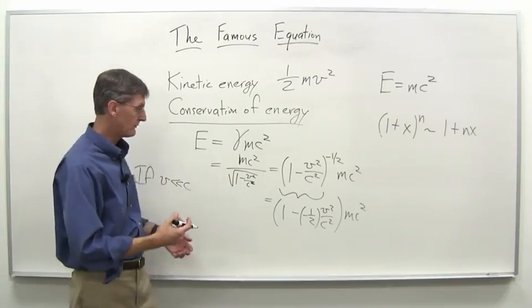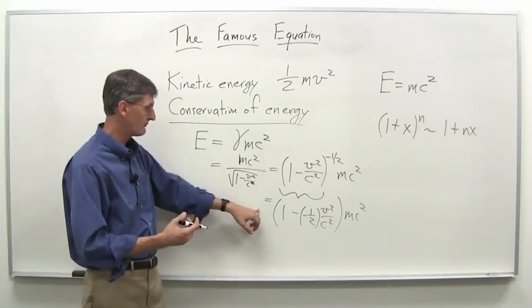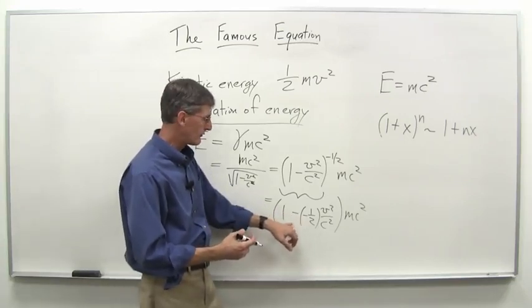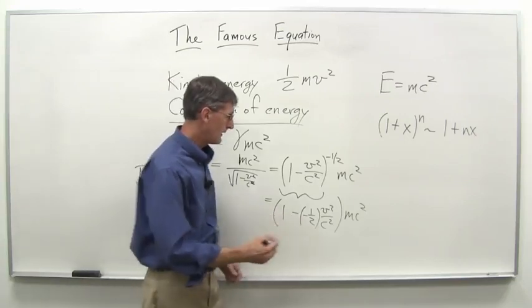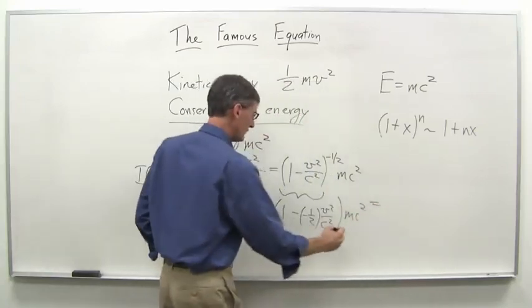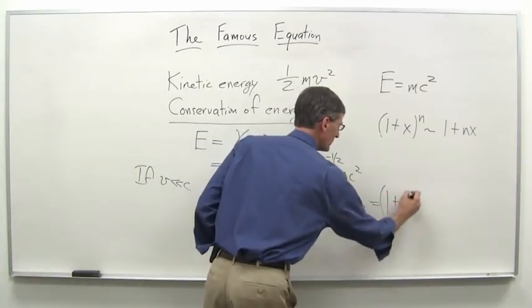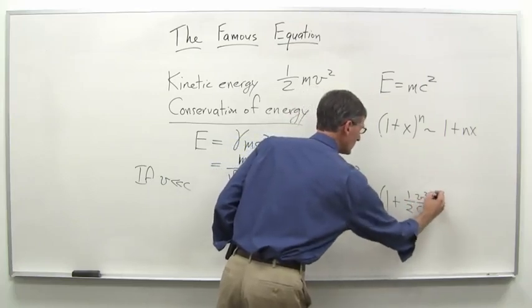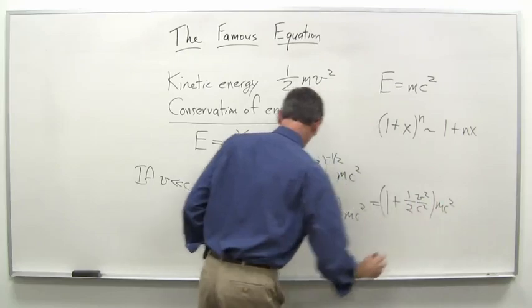So still pretty fast compared to our normal everyday experience. And note we've got a minus times the negative 1/2, so that becomes a plus 1/2. So we'll write this out one more time here: 1 plus 1/2 v squared over c squared times mc squared.